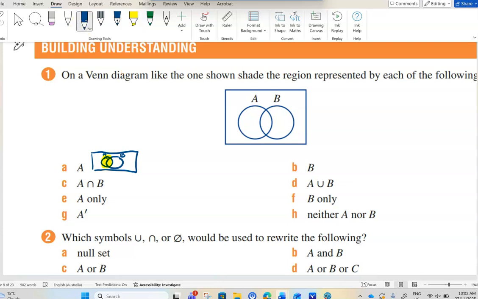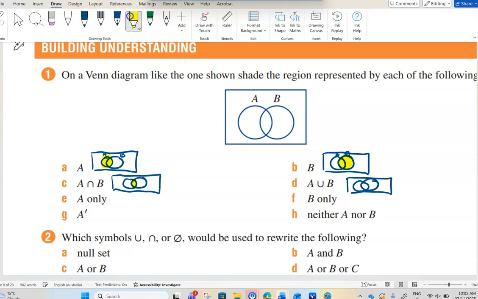If it was just B, you would highlight all the B. Now the next one, they want the intersection of A and B, so that's just the bit in the middle. If they ask for the union of A and B, that's everything, so you colour the whole two circles like that.